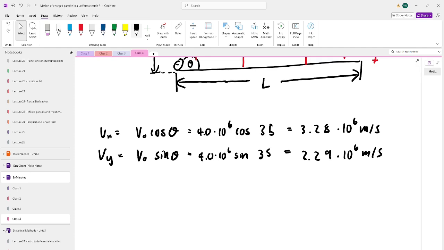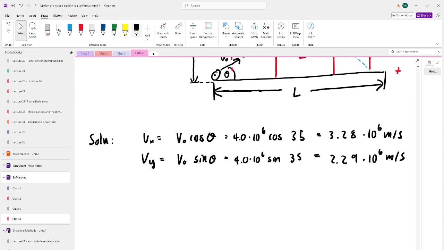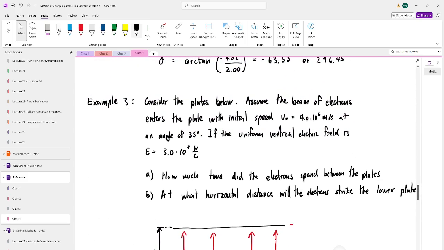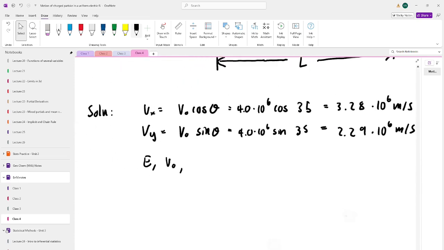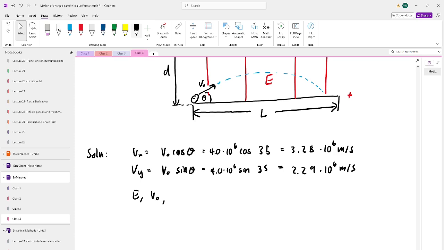Now, what they're asking is how much time did the electrons spend between the plates? At this point, I know the value of E, I know the value of V0. Do I know anything else? I know nothing else. So I somehow need to come up with a time from these values.